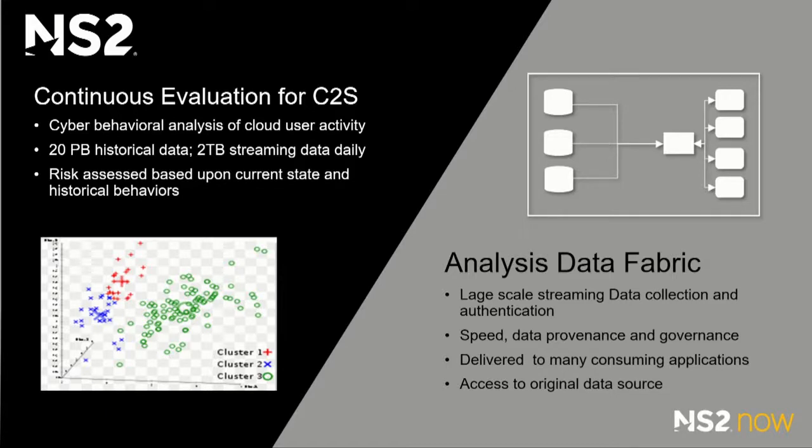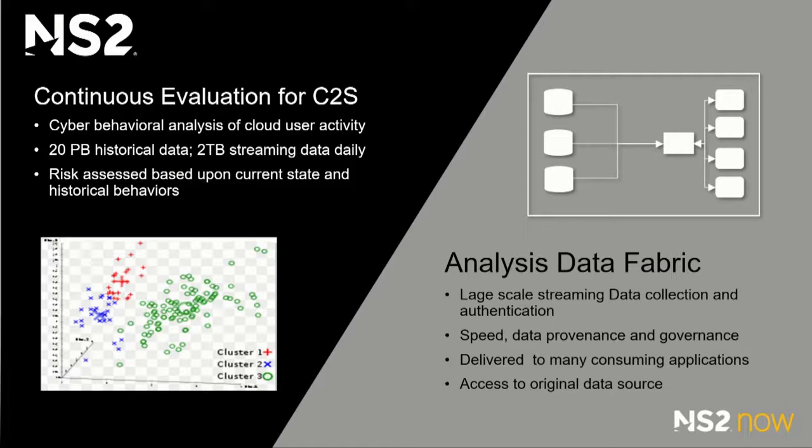And then we have an application called the Analysis Data Fabric, which is about large-scale streaming data collection and authentication. So it's about understanding the data provenance, the metadata, the data about the data, and inserting governance policy on that large-scale streaming data, delivered to very many consuming applications, different applications.